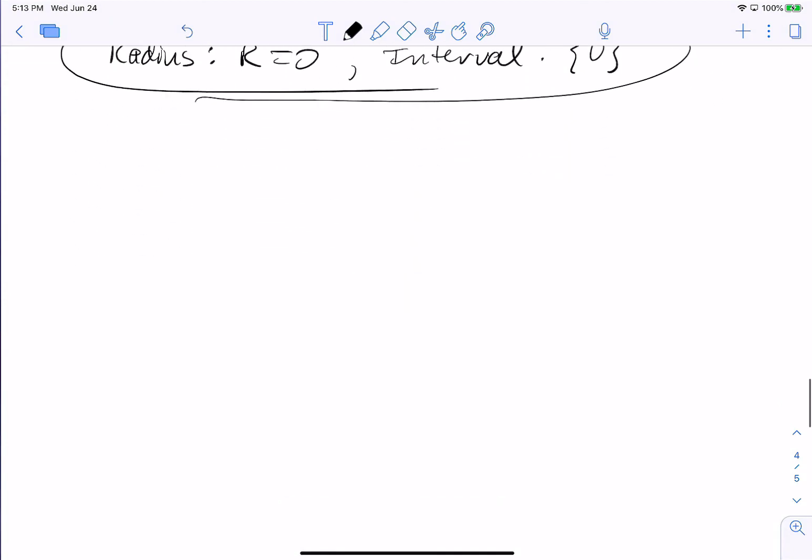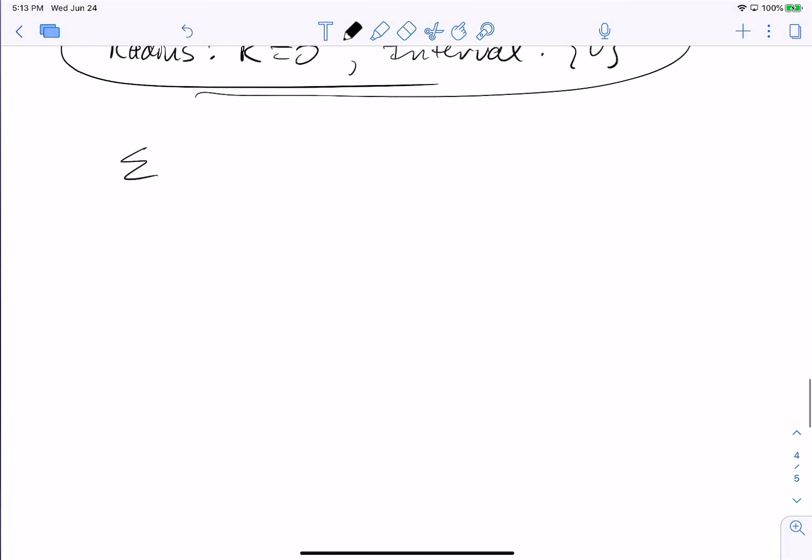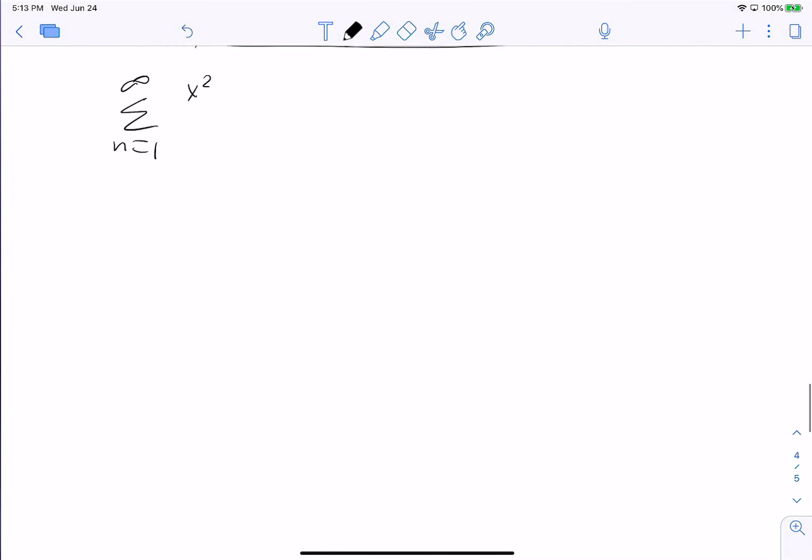For an example of the other special case, we'll look at the sum as n goes from 1 to infinity of x to the 2n divided by n factorial. Now we do have an exponent that includes an n, so we may be thinking root test, but with a factorial, I'm going to go ratio test almost all the time.